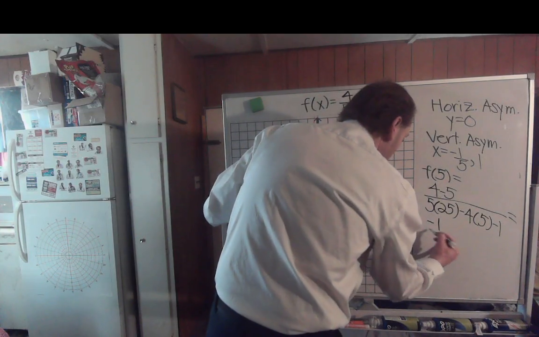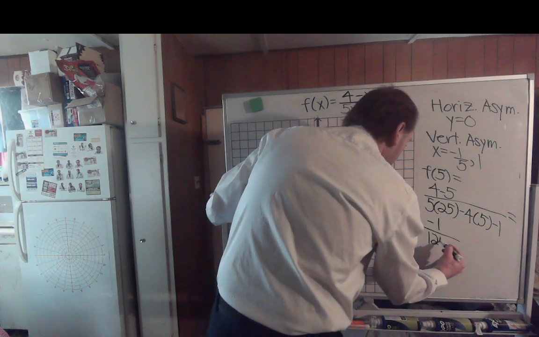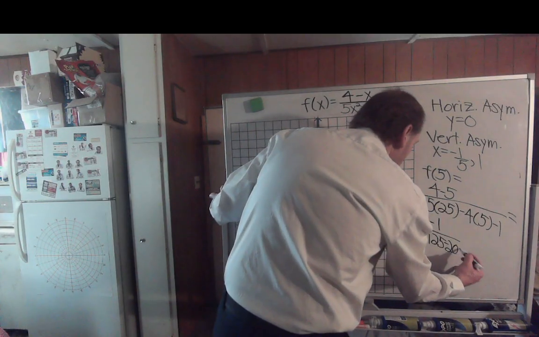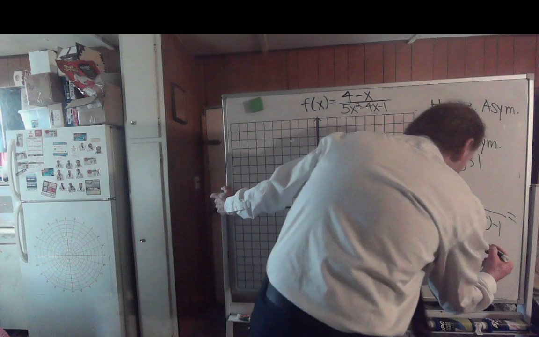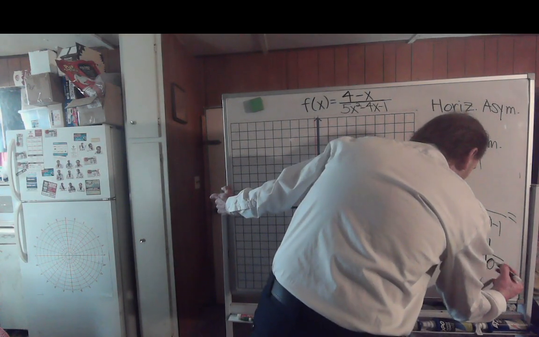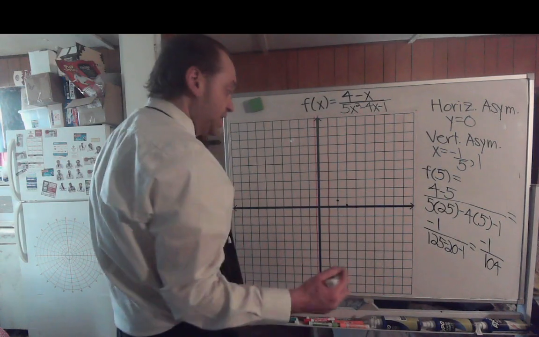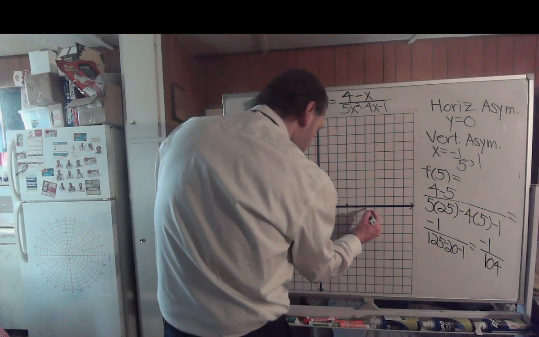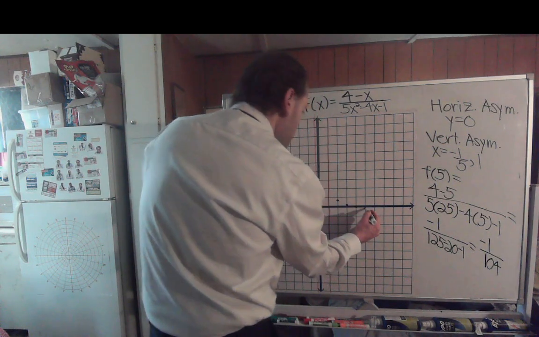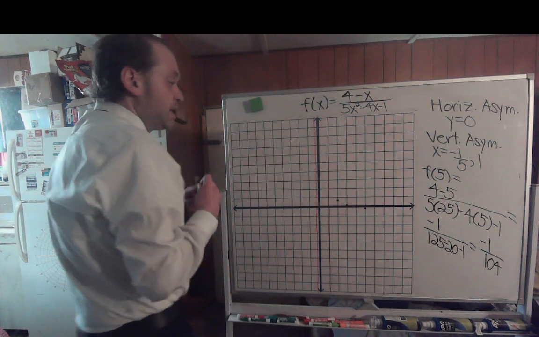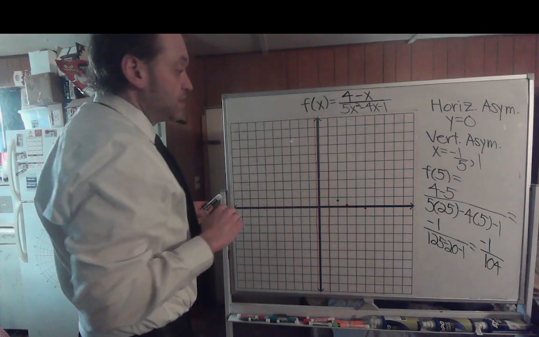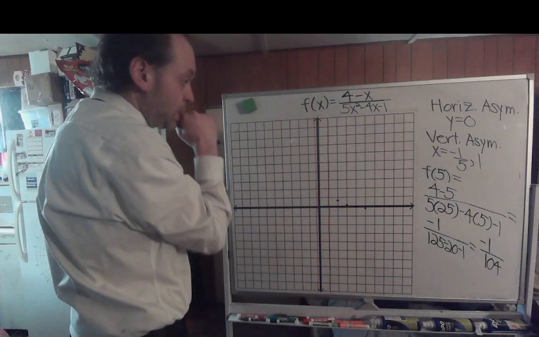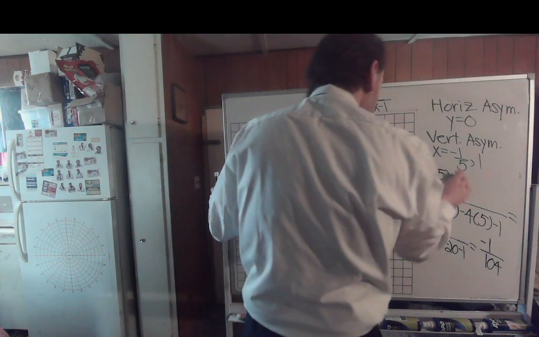That's negative 1 over 125 minus 20 minus 1, which would end up giving you negative 1 over 104. So when x is 5, you have a y value of negative 1 over 104. And then 6, let's just do f of 6 for good measure.